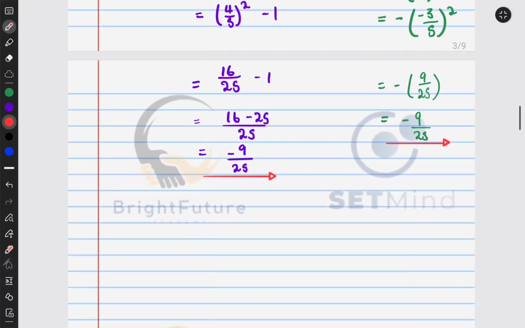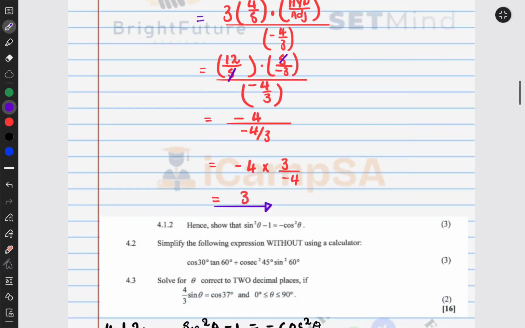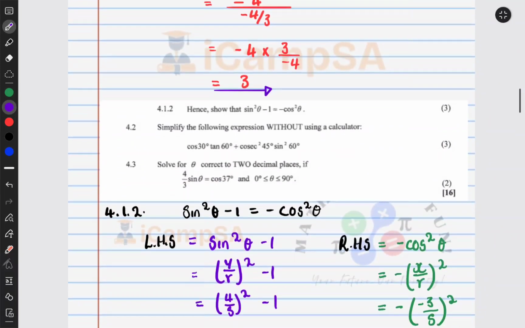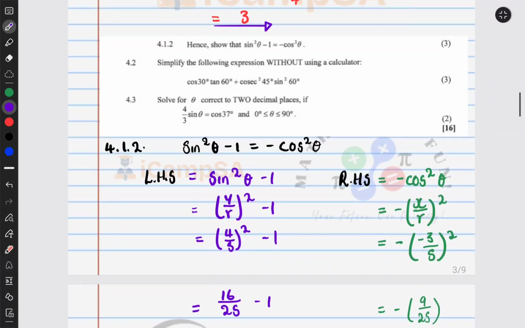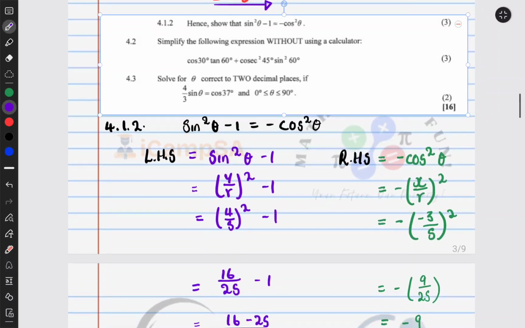And then we say therefore right hand side is equal to left hand side.